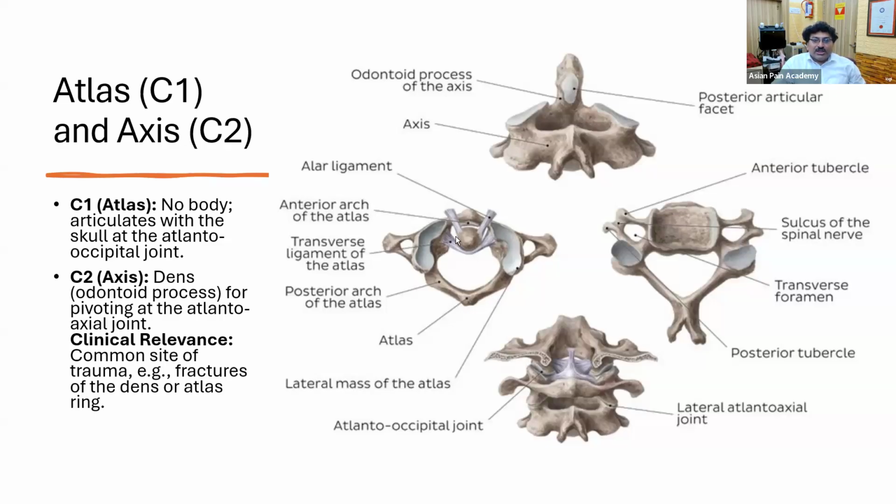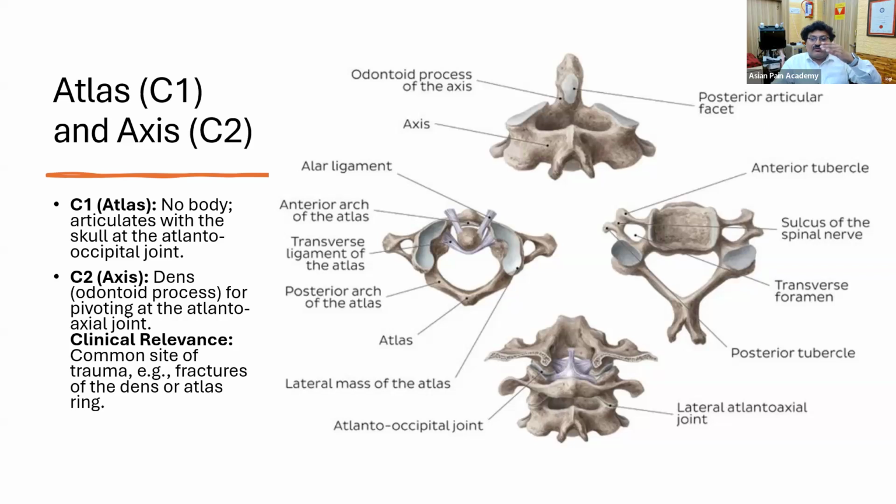It has no body. It articulates with the skull on one side, that is, with the occipital bone of the skull, and it also has this space for the odontoid process and this transverse ligament for C2 to attach here. Whereas C2, as I told, has a bifid spinous process.